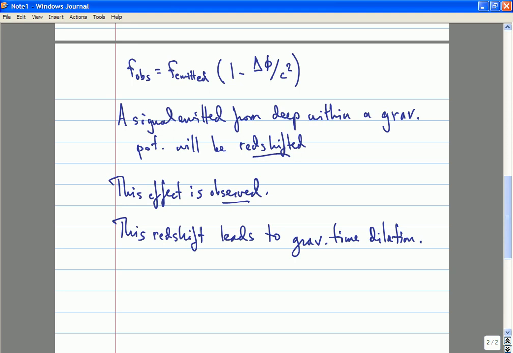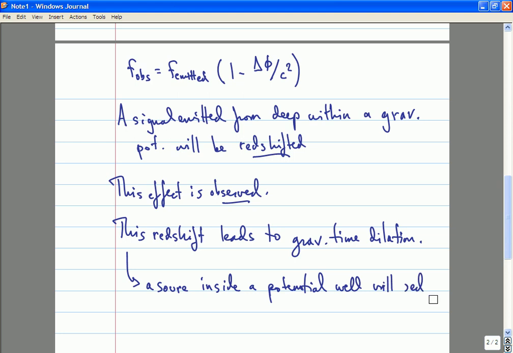And the effect of the gravitational redshift phenomenon is that a source inside a potential well will, for example, send a signal.